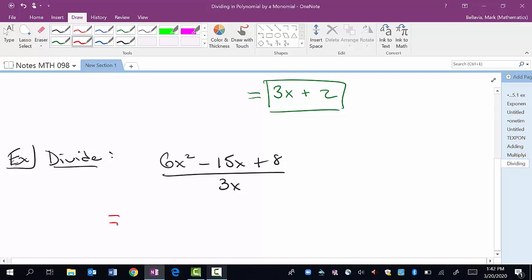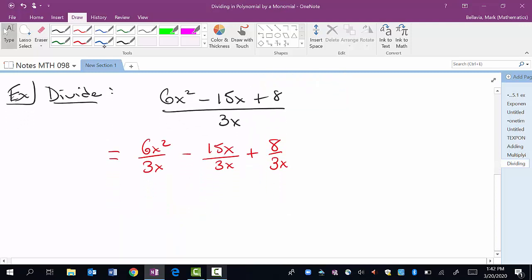So what we're allowed to do is take each term and put it over the denominator of 3x. So we'll have 6x squared over 3x minus 15x over 3x plus 8 over 3x. And then we just want to simplify this.